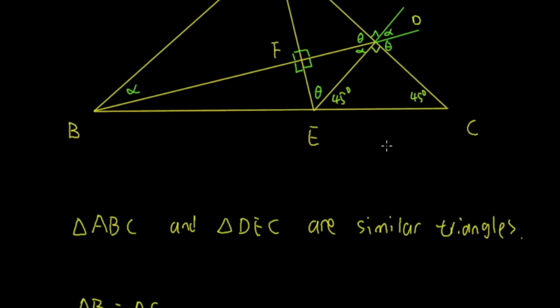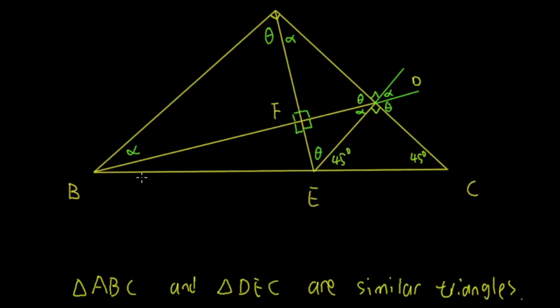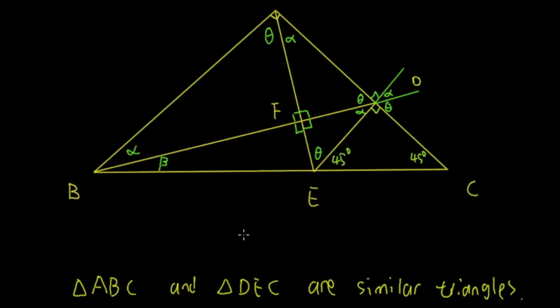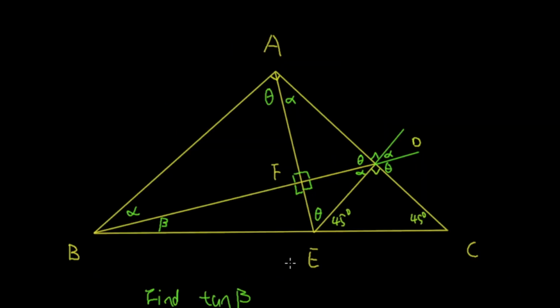We have to find tan of this angle here. Okay, how about this? Let's call this angle here beta. So we have to find tan beta.